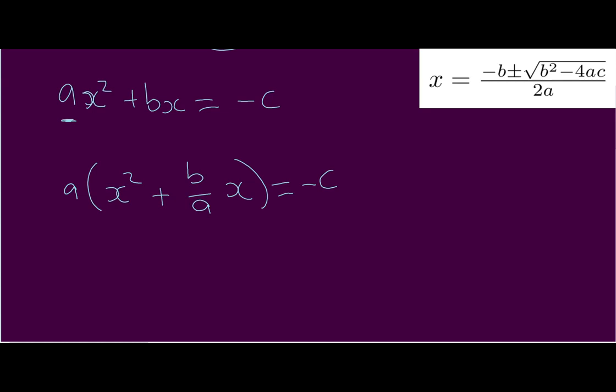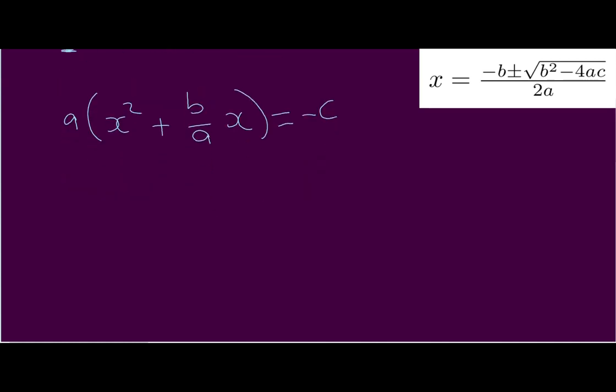Then the next step from here, we're going to divide both sides by a. The reason we're dividing both sides is because when I divide by a, I've added a term to the whole equation, and that term is 1 over a, that is 1 divided by a. So I have to do the same to the other side. Now that the equation is balanced, we're going to cancel out this a, and on this side, we cannot cancel these two terms because they're not the same.